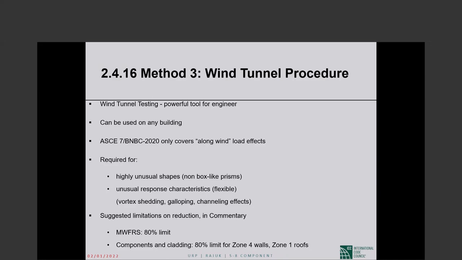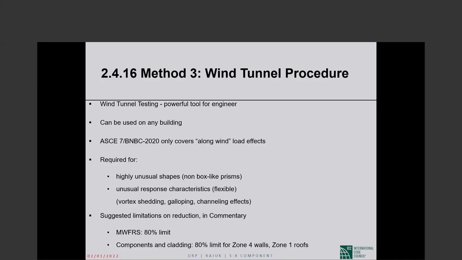The wind tunnel testing is essentially required for highly unusual shapes. The analytical procedure is really for box-like structures. We try to fit it to the actual shapes that we design, but that is not easy to do beyond a point. If it is a highly unusual shape, then wind tunnel testing is about the best thing to do.